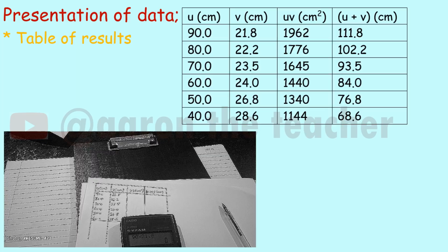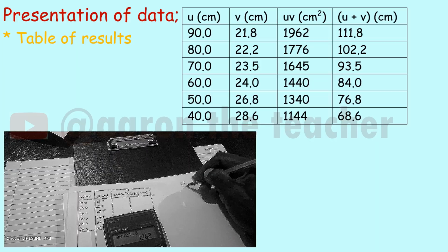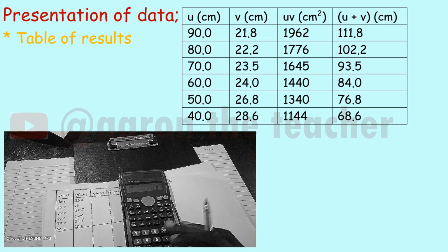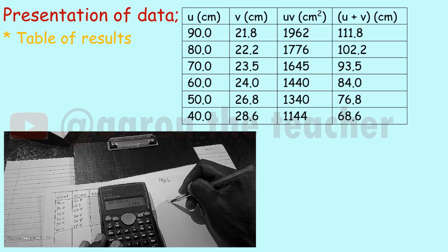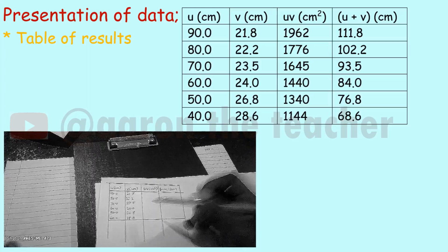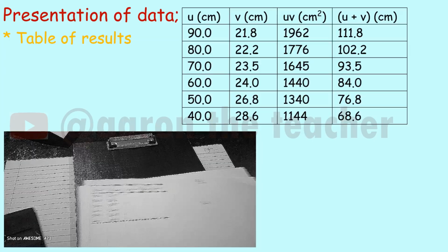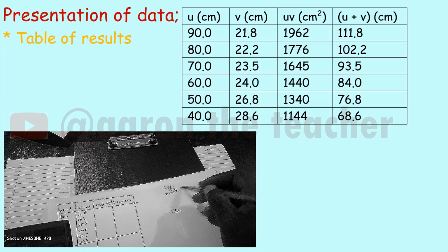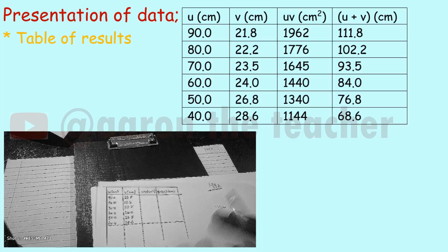It is giving us 1962. Then also test for the last one, which is 40 times 28.6, giving us 1144. That automatically tells us that everything between these two values is just decreasing. Therefore, we are going to use the highest product, which is 1962, to establish the number of decimal places for the rest of the products.